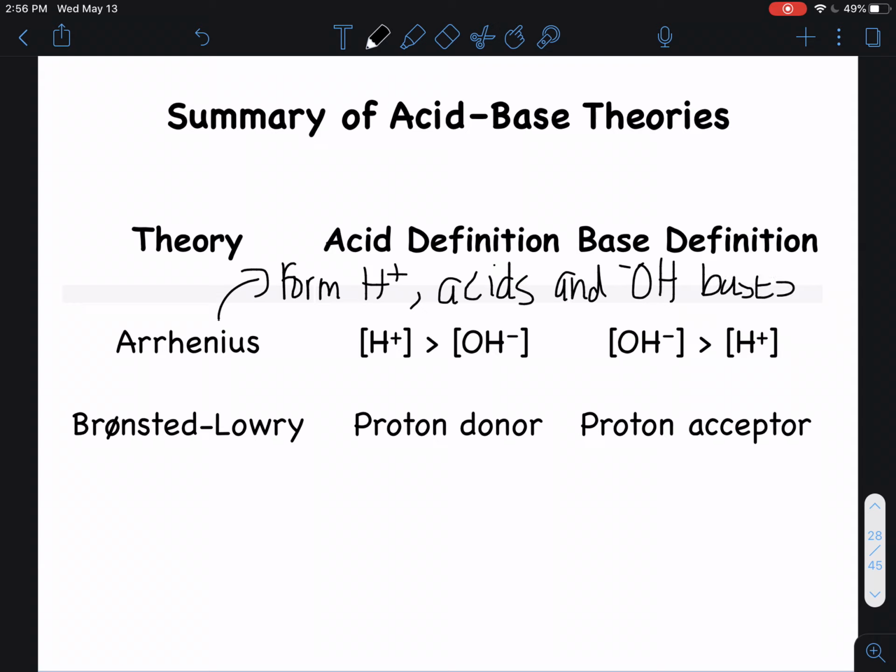If the concentration of H plus is greater than OH minus, then the solution is considered acidic. And if the solution is greater in concentration of OH minus than it is in H plus, it's considered basic.